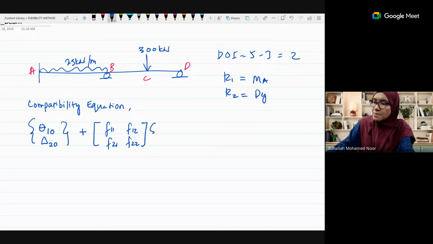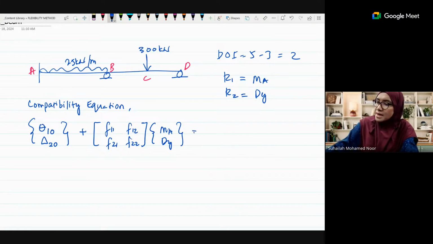Okay, times with, here if you do not want to lose track, do not write R1, R2, but directly write the redundant name. The first one is MA, the second one is DY.